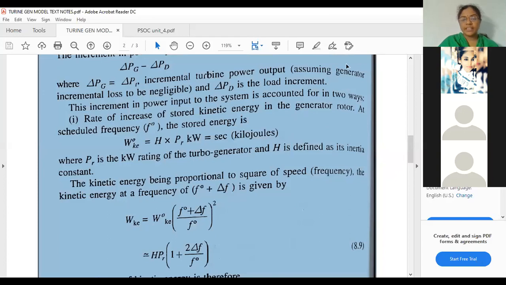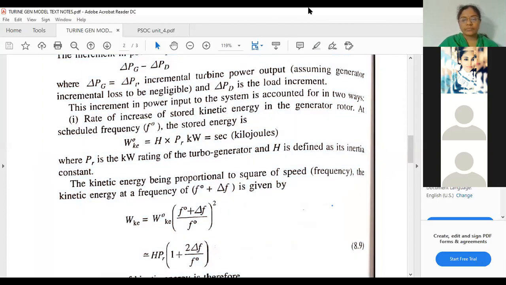Wait a minute. So now, this is not coming. So now see here, the ratio of kinetic energy in constant by the ratio of change in kinetic energy, which is given as W naught, is equal to the frequency, which is f naught.